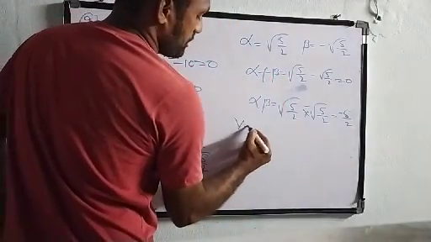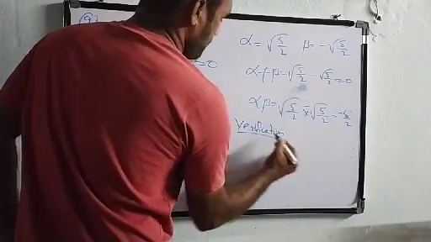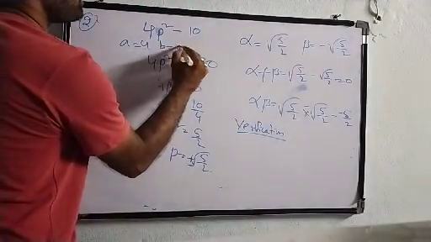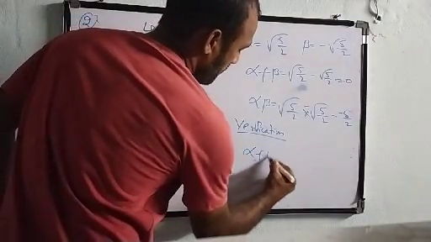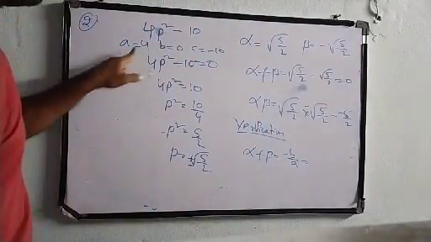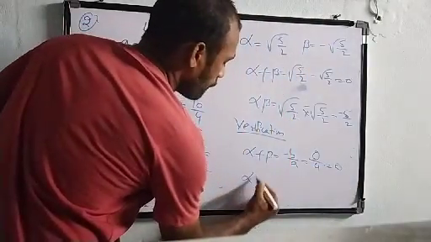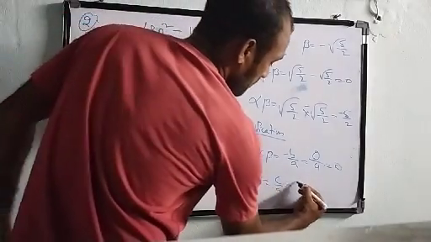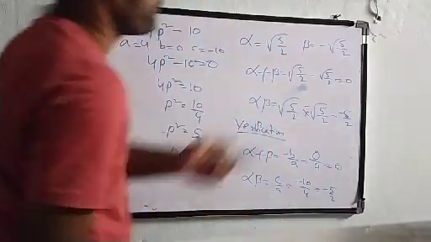Now verification: here A is 4, B is 0, C is minus 10. Alpha plus beta, the formula is minus B by A, which is 0 by 4, which is 0. Alpha into beta is C by A, that is minus 10 by 4, that is minus 5 by 2. So these two are verified.